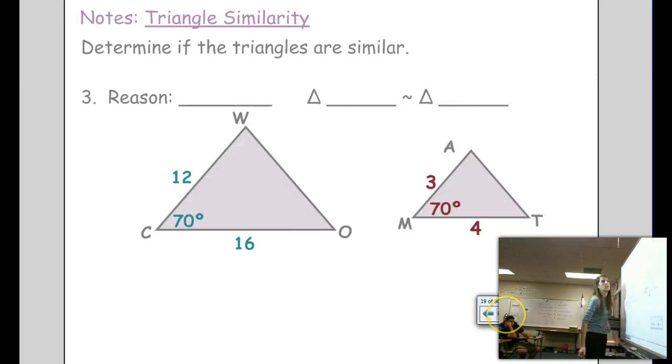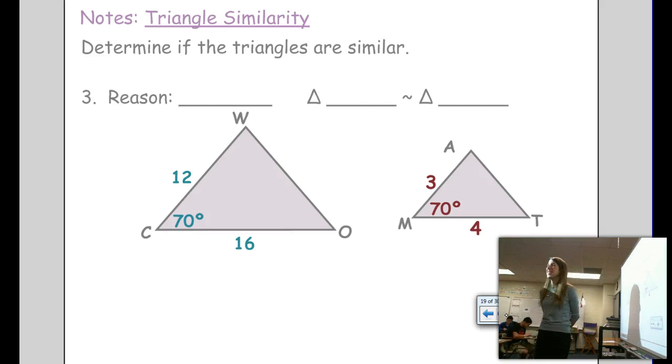Y'all get it. Next one. Choices are angle, angle, side, side, side, or none. You do have to check that the sides are proportional. Just because you have sides doesn't mean they're necessarily proportional. Yes, very good.